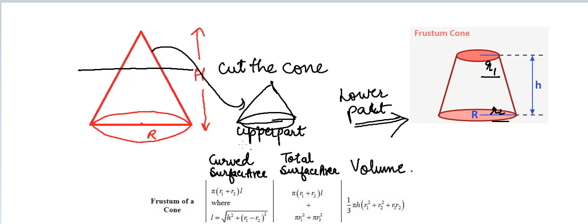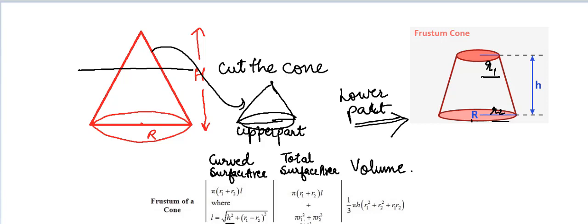Now the curved surface area is basically pi (R1 plus R2) into L. Now what is this L? L is basically the square root of h square plus the square of the difference of these two radii, right? This is the formula for calculating L. This is the curved surface area. Now what is the total surface area?